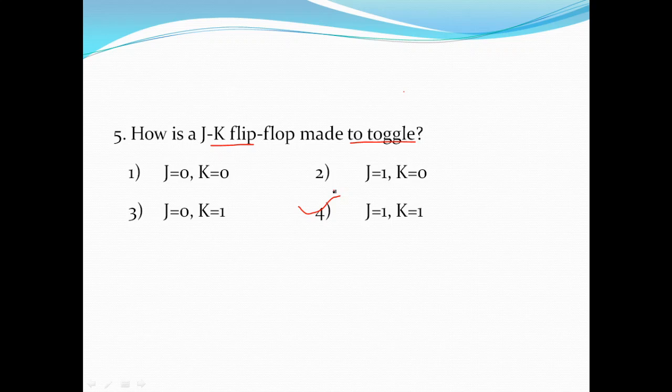The toggle condition is where 0 becomes 1 and 1 becomes 0, that is, the device is either set or reset. So the answer is J equals 1, K equals 1, then the toggle condition or race toggle will occur.